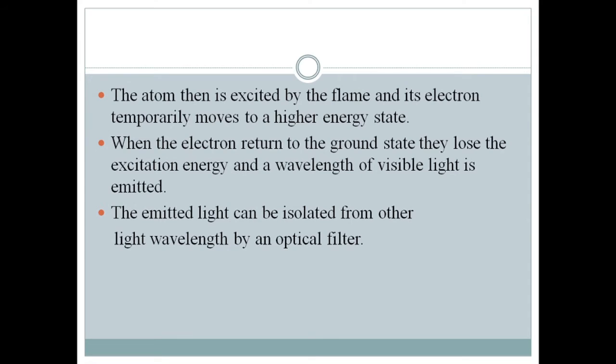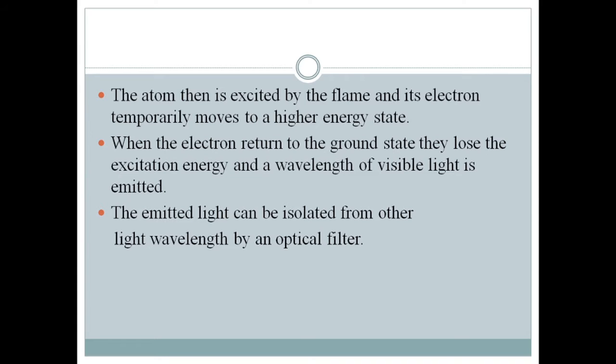The atom is then excited by the flame and its electron temporarily moves to a higher energy state. When the electron returns to the ground state, it loses its excitation energy and visible light of a particular wavelength is emitted.